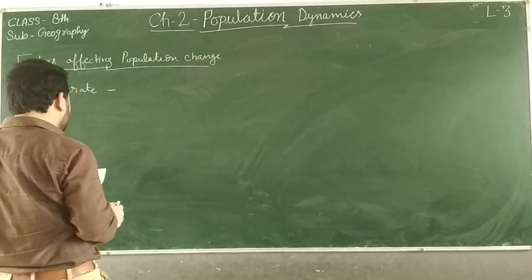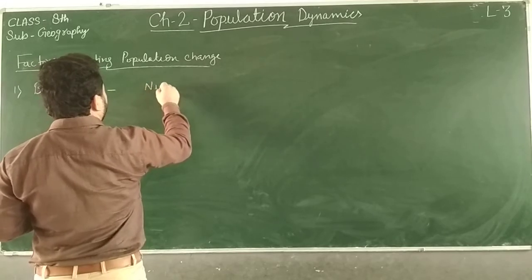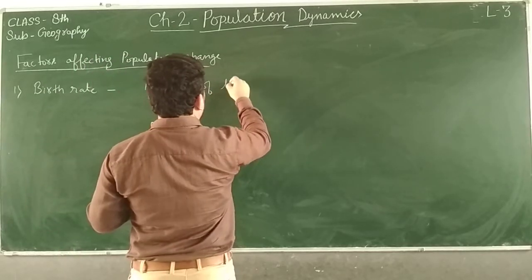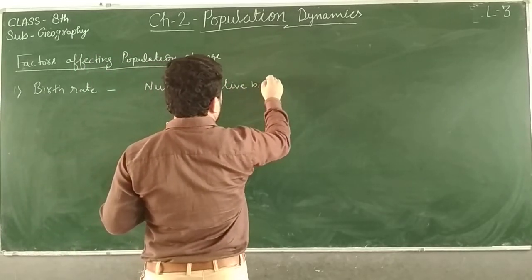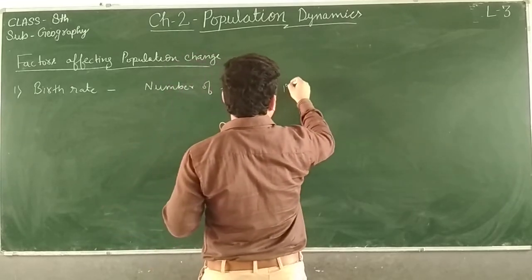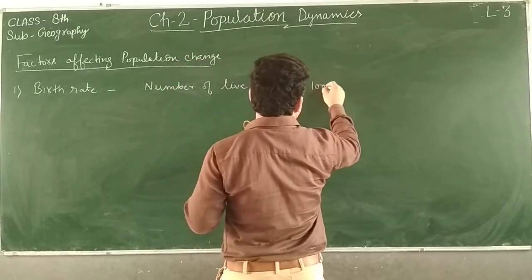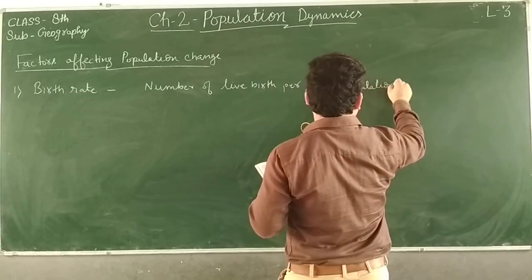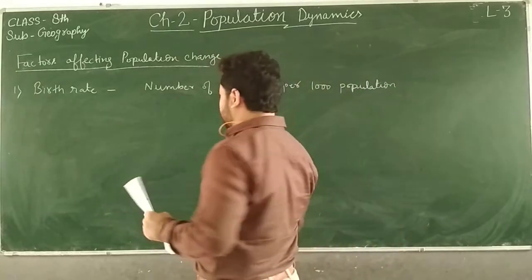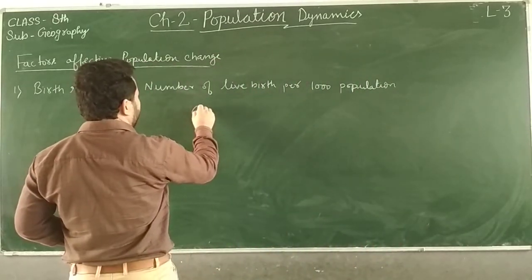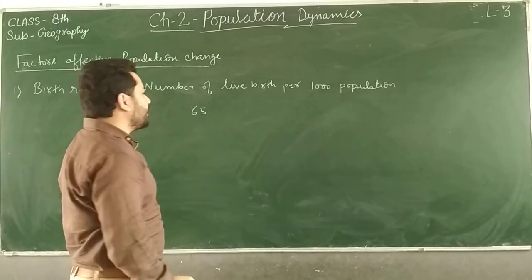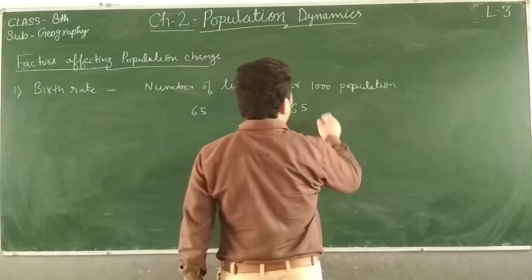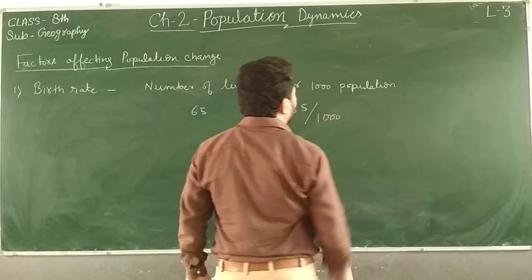Number of live births per 1000 population. So if the birth rate of a place A is 65, it means there are 65 live births per 1000 people.